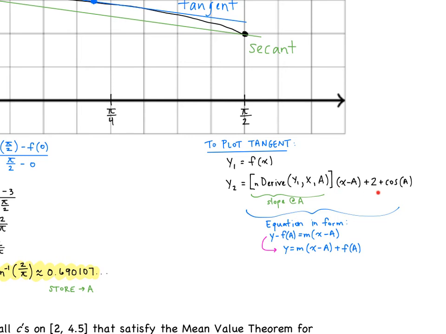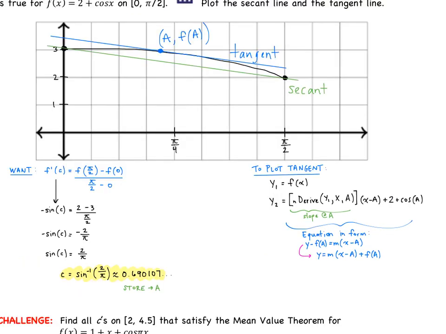Okay, and now we're just using our point slope form. So this whole thing in y2 really represents the equation in the form of point slope, but then we just throw that f of a over to the other side so we can actually plug it into our calculator. If you have questions about this, feel free to bring it to class next time we see each other.